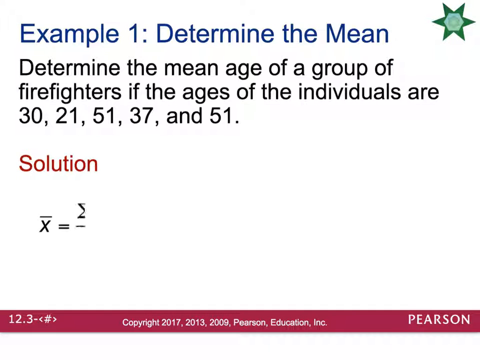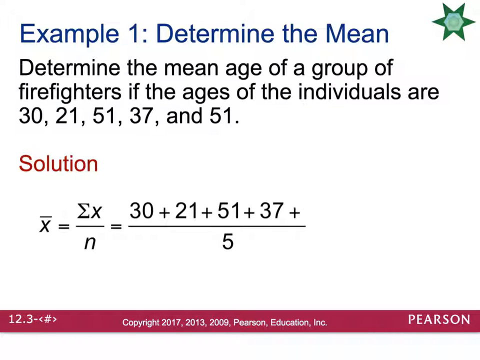The formula tells you that to figure out the average, you need to add all the values together and divide it by the number of values that you see. So we're going to have to take 30 plus 21 plus 51 plus 37 plus 51. And there are 5 points that were in this data, so that is why we are dividing by 5.